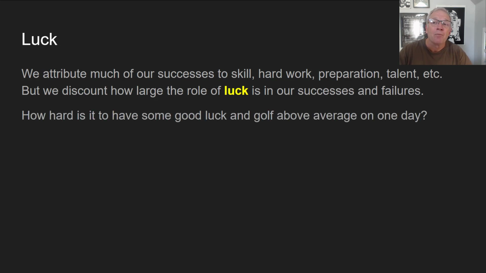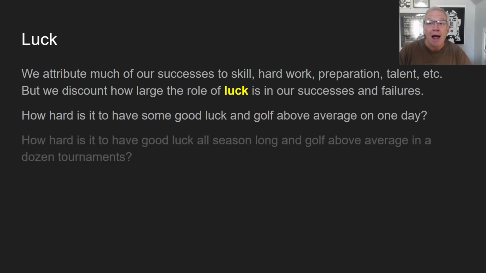Think about it this way. How hard is it to have some good luck and golf above average on one day versus how hard is it to have good luck all season long and golf above average in a dozen tournaments? The latter is much harder, right? So probabilistically, the former can easily happen. The latter doesn't happen very often.